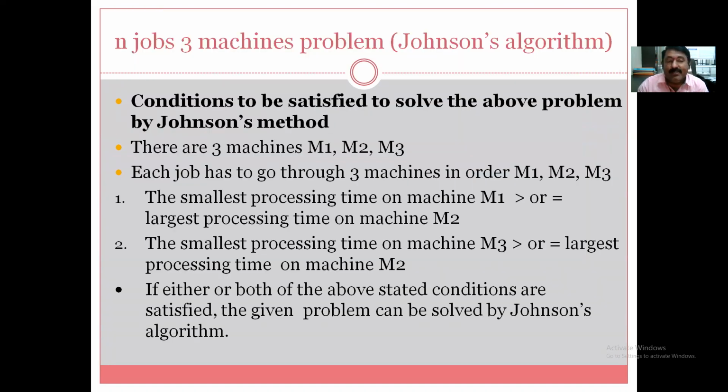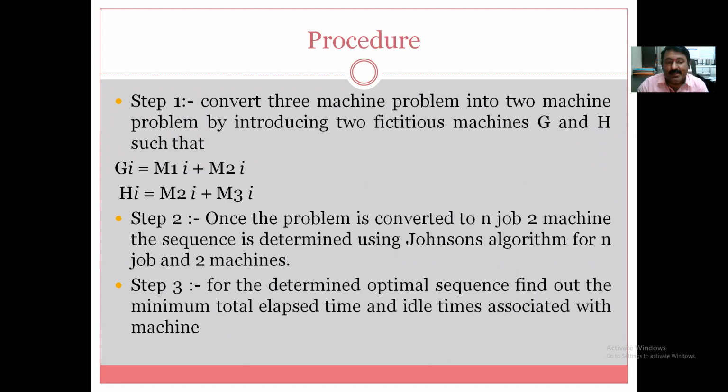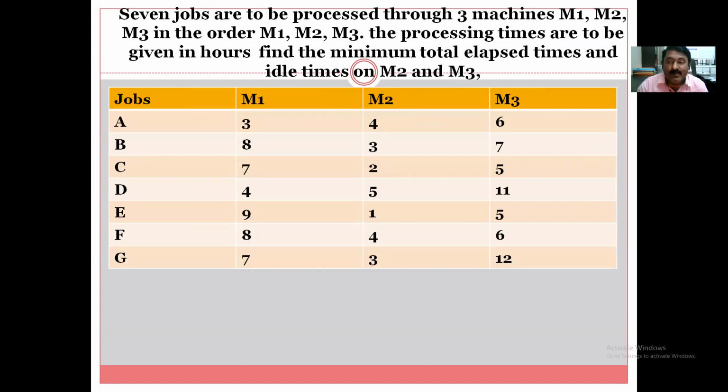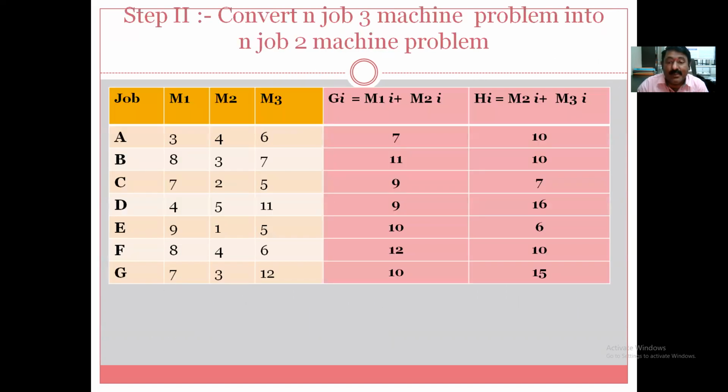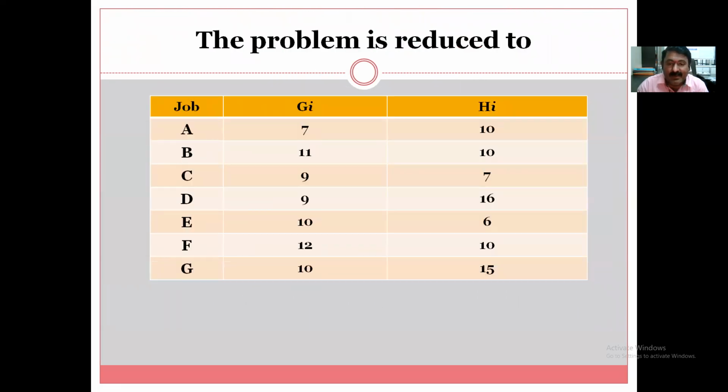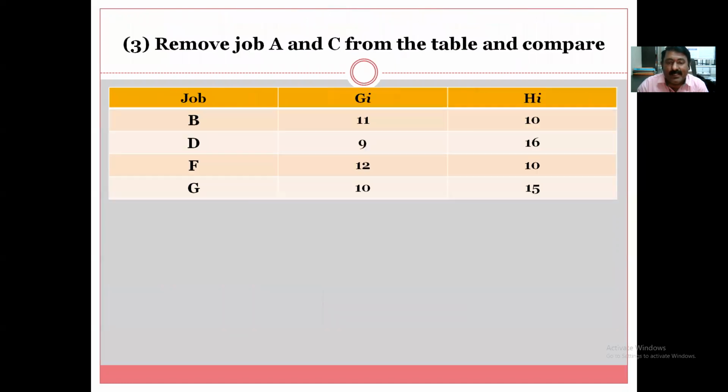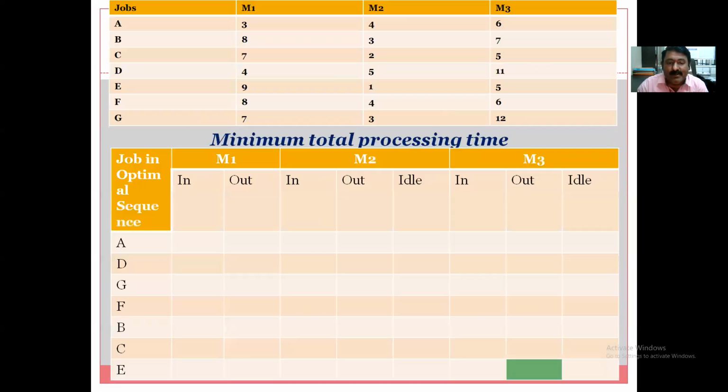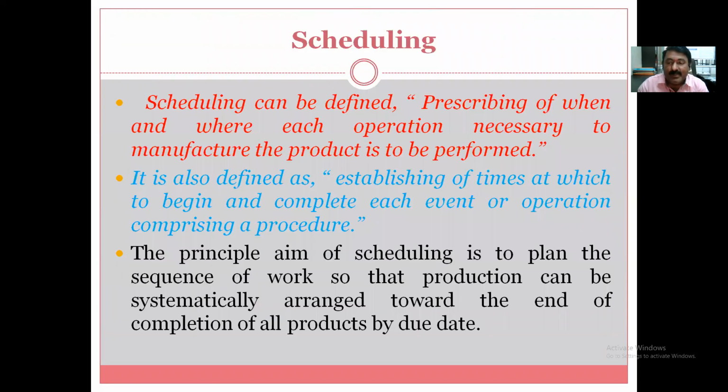Then we discussed N jobs and 3 machines, and the conditions for converting. If they satisfy the conditions, we convert the 3 machines into 2 machines, and then find the sequence. After sequencing, again by our previous method, we calculate the idle time for machine 2 and machine 3, and the minimum elapsed time required, the minimum processing time required.